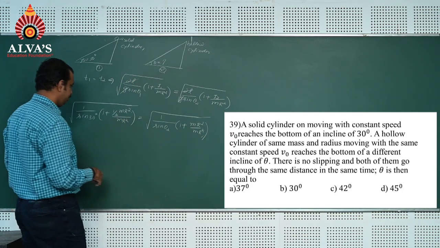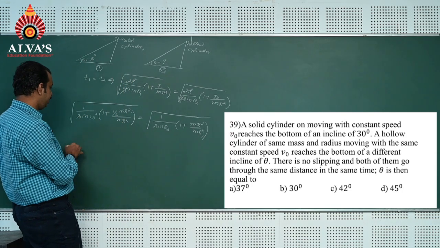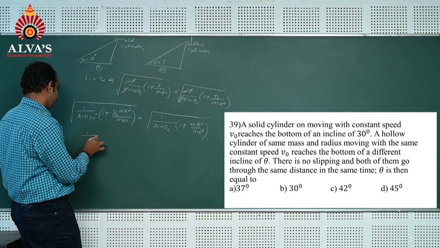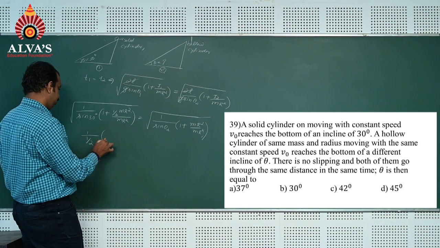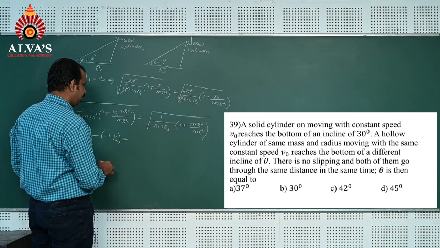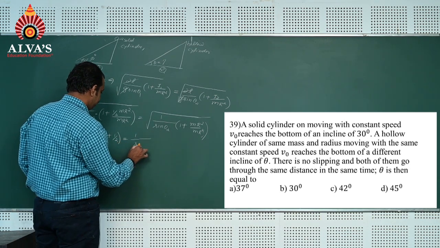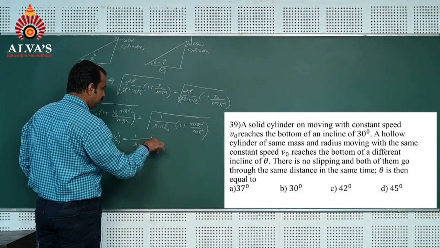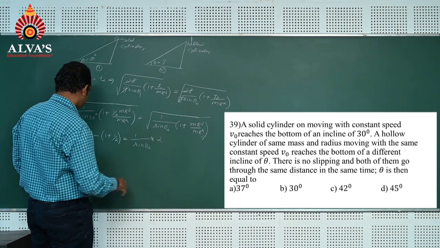Squaring on both sides, we can write 1 by 2 into 1 plus 1 by 2 is equal to 1 by sin theta 2 into 2.